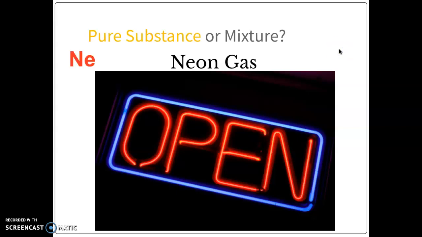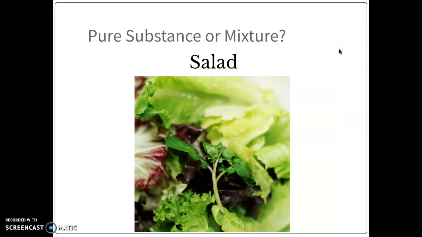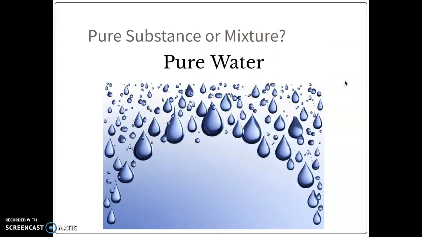It is an element. All right, salad. Pure substance or mixture? Yeah, this one is a mixture. We can see different leaves mixed in there. All right, pure water. That one kind of gives it away, right? Pure water is H2O. It is a compound, which makes it a pure substance.